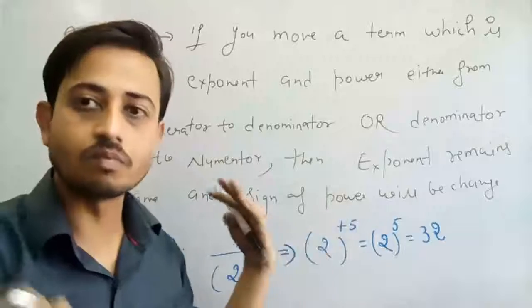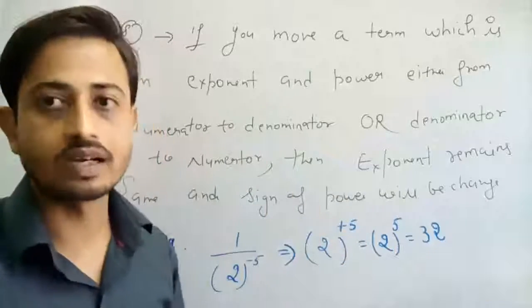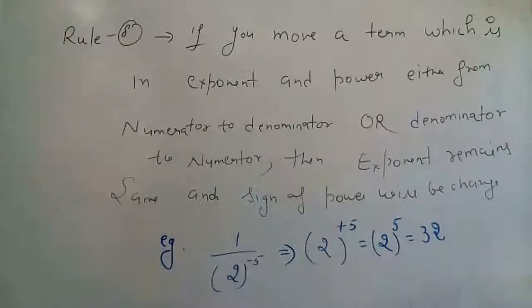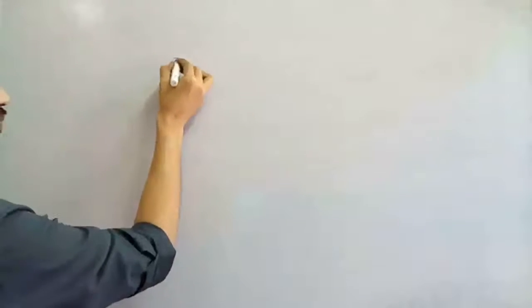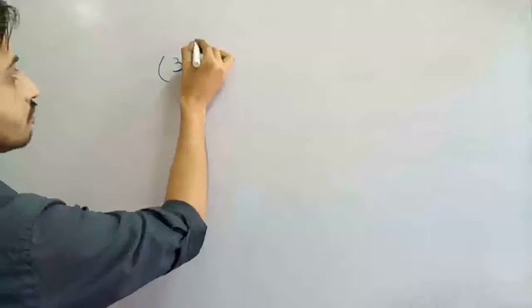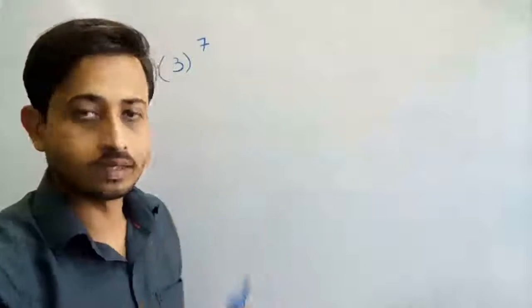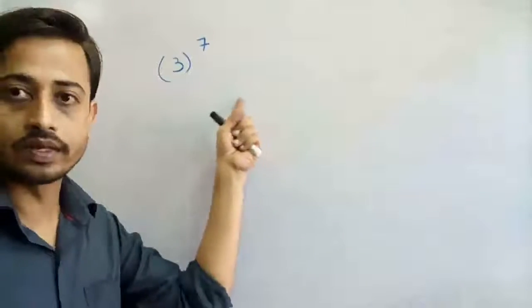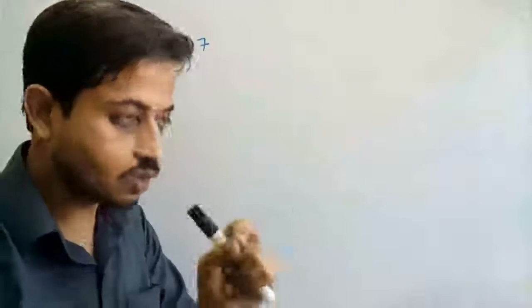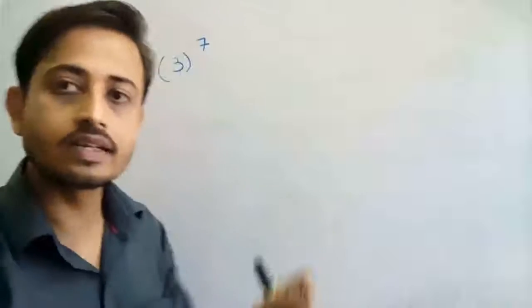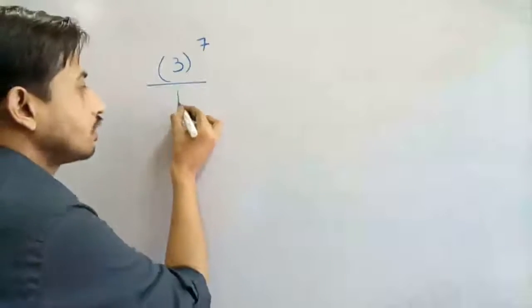I am going to take some more examples, so please make a note first. For example, 3 raised to the power 7, and you want to move it to the denominator. In this there is no denominator. If the term has no denominator part, you can write it divided by 1, because if we divide any number by 1, we get the same number.